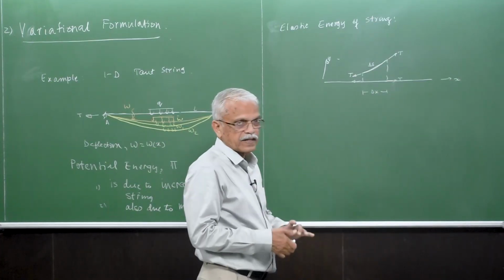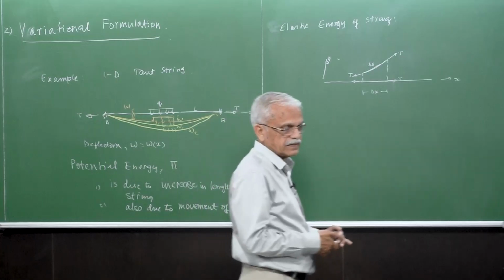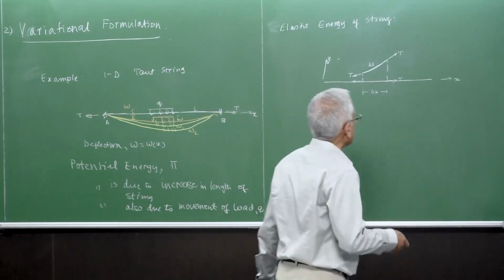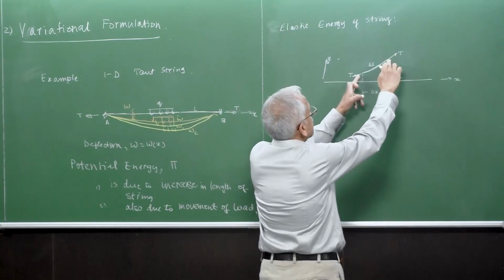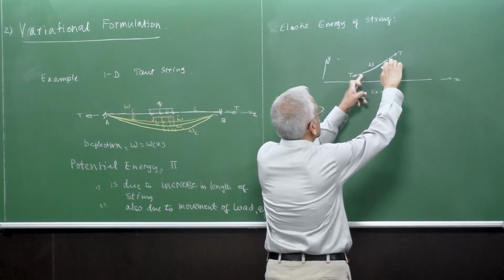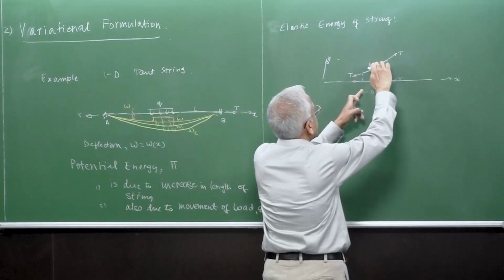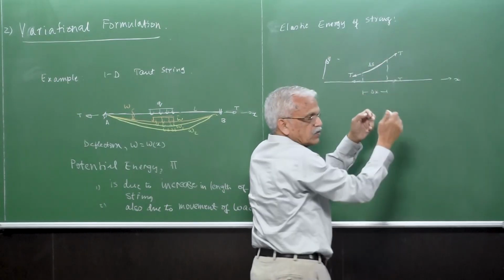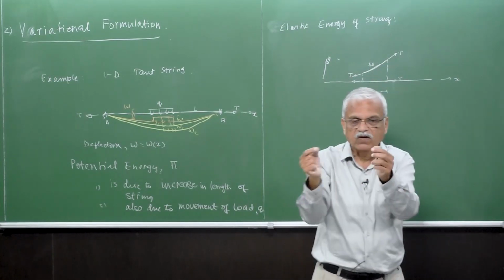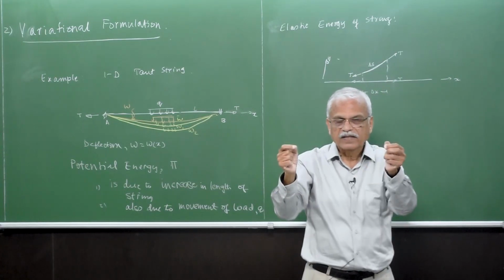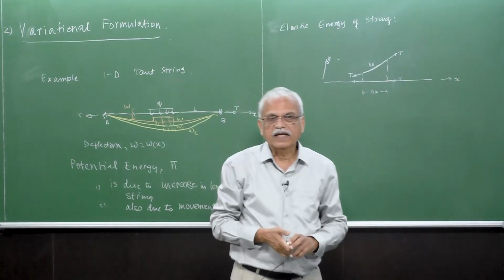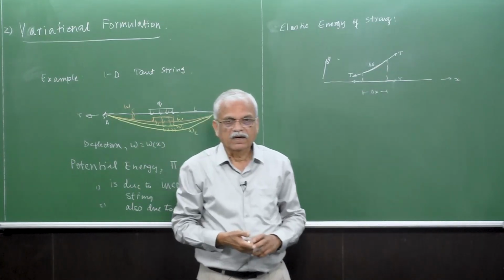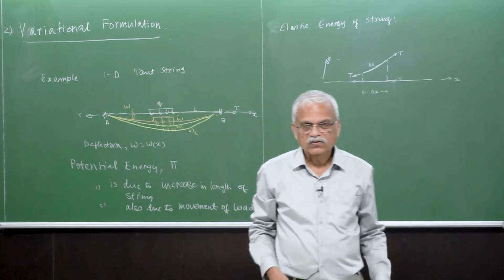However, the elastic energy is changing because the T which is acting on delta x has now changed to T acting on delta s, which is this length. So obviously a string which is of this length, if it has increased to a value of delta s, means that there is an increase in energy of the string.